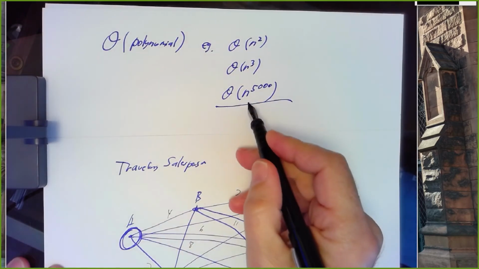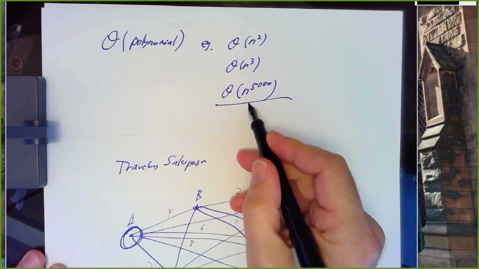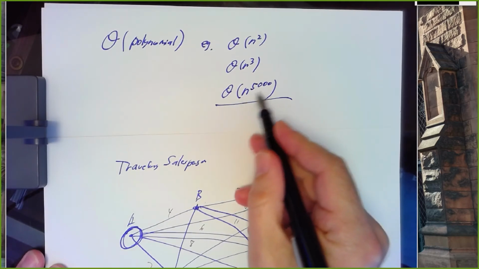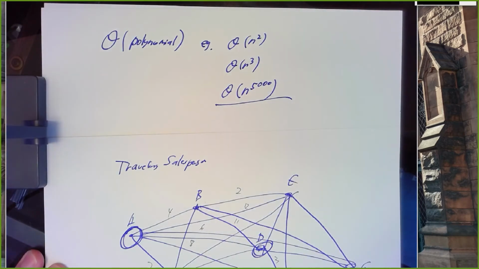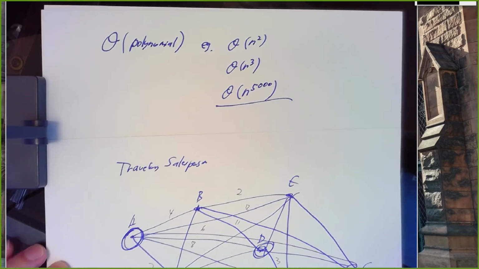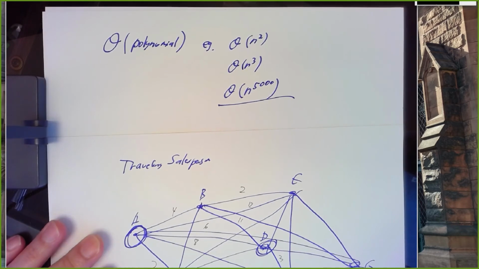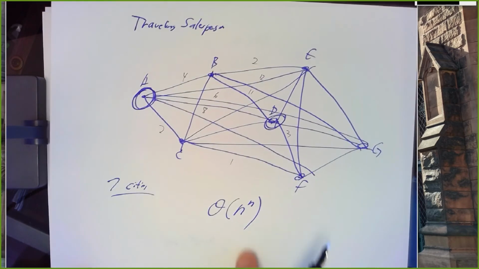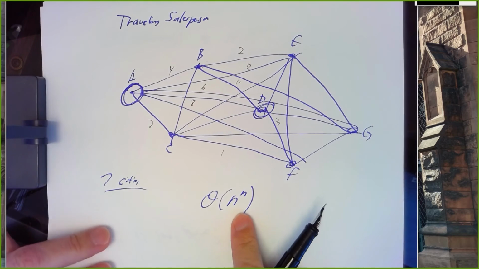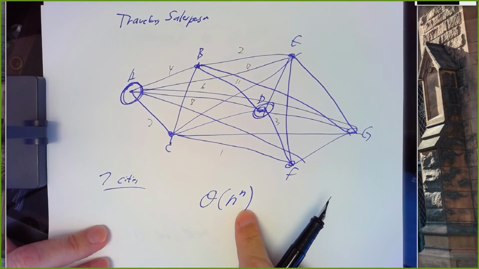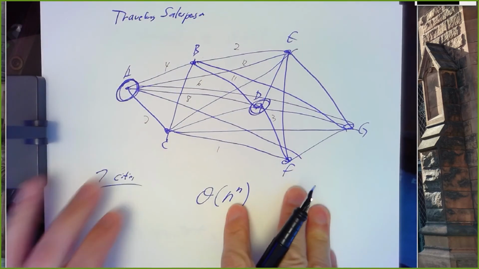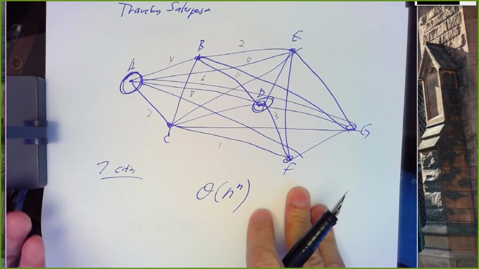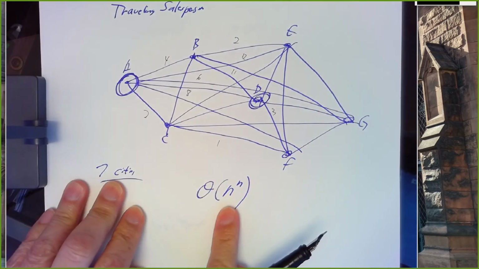This is a really big polynomial. When n increases a little bit, this number grows by a huge amount. But it's still a polynomial of degree 5,000. On the other hand, n to the n is somehow fundamentally bigger. If n gets to be bigger than 5,000, this will be bigger than n to the 5,000th.